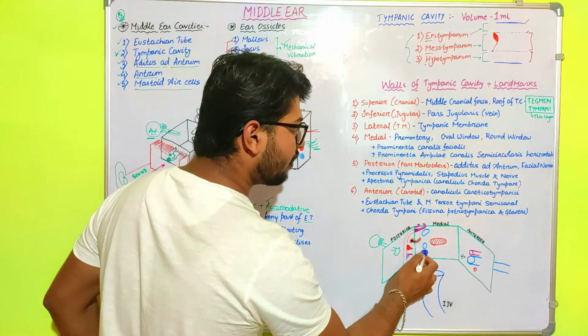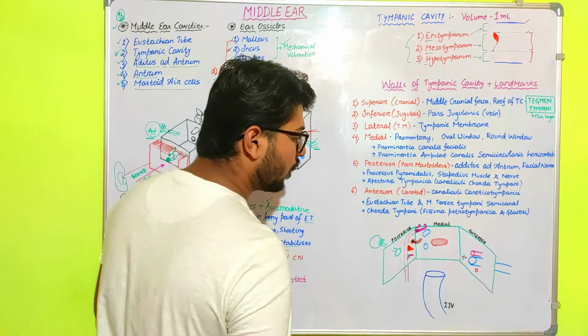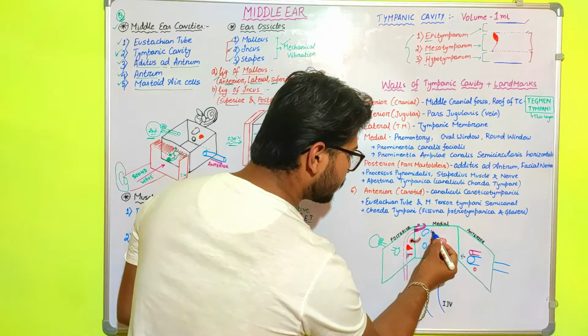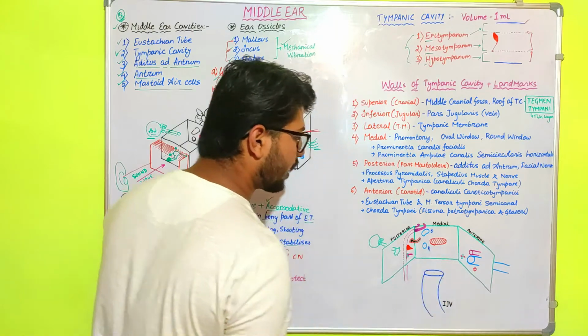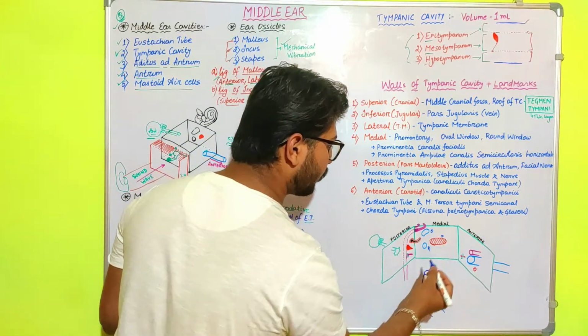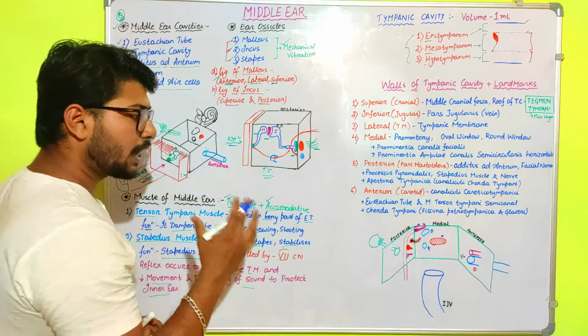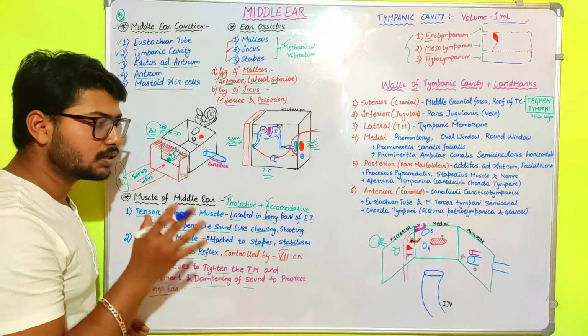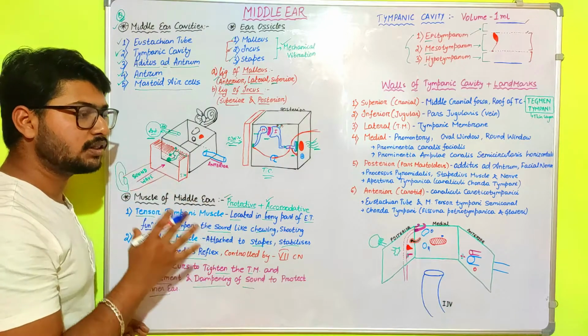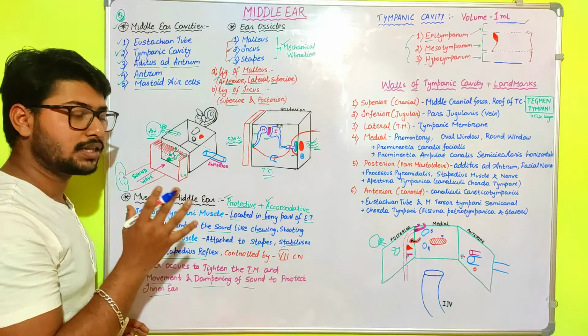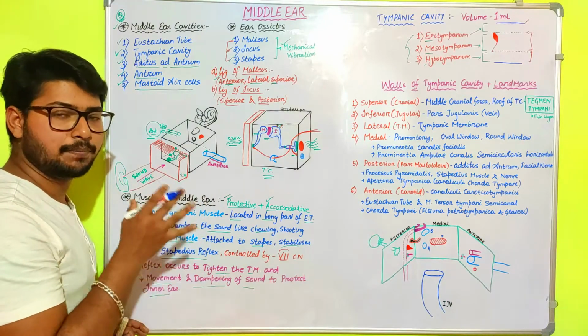Then we have here the round window. This is the oval window, and this is the round window, and this is the promontory. Okay, so what is the importance of the round window? We should know the round window has a membrane covering it, known as the secondary tympanic membrane.